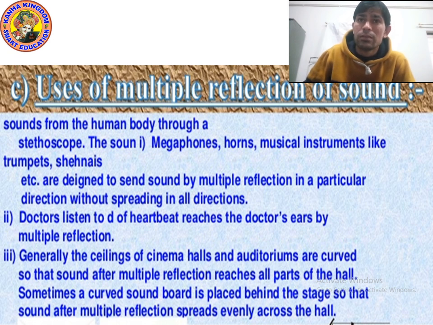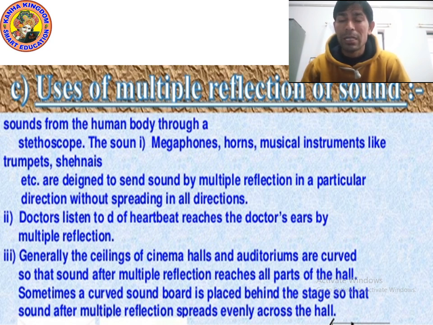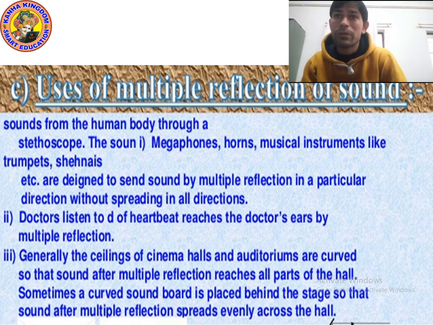Sound from the human body is heard through a stethoscope. And if you have ever seen a megaphone, horn, or musical instruments like trumpets, all of these are designed to send sound by multiple reflection in a particular direction, without spreading in all directions.